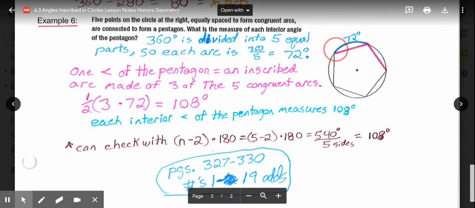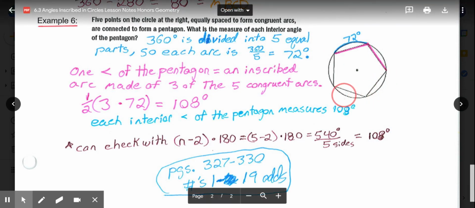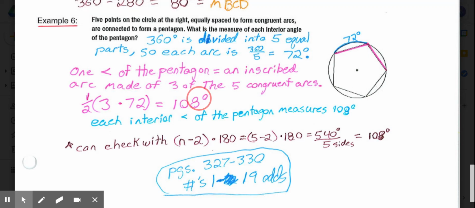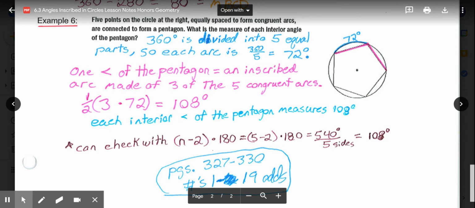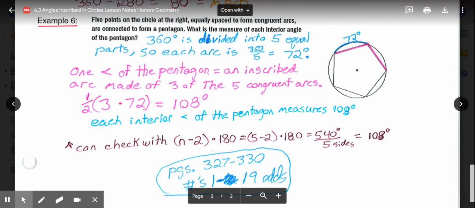So if I want the measure of the angle, it is simply 1/2 of that. So 3 times 72 gave us 216 degrees for this intercepted arc. If we divide that by 2 or multiply it by 1/2, we get the measure of the angle, and that angle is 108 degrees. So each interior angle of this pentagon with congruent arcs would be 108 degrees.